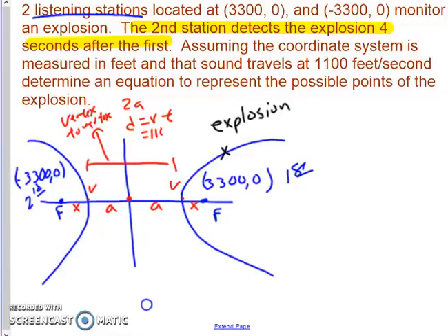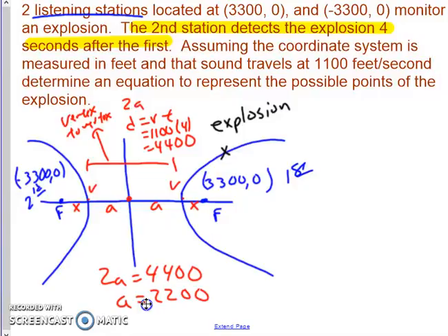We have the rate of sound traveling at 1,100 feet per second, and in 4 seconds, 4,400 feet is going to be equivalent to our 2a. So again, we can figure out the distance between the two vertices by our 2a value, now talking about the speed of sound. Therefore, we get a to be 2,200.